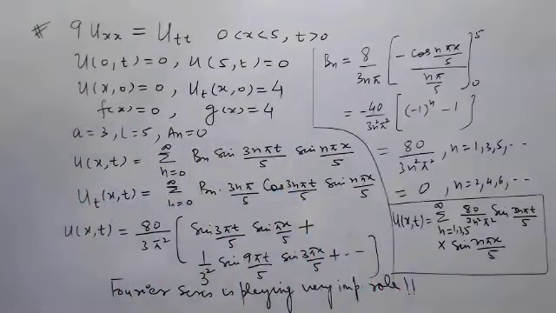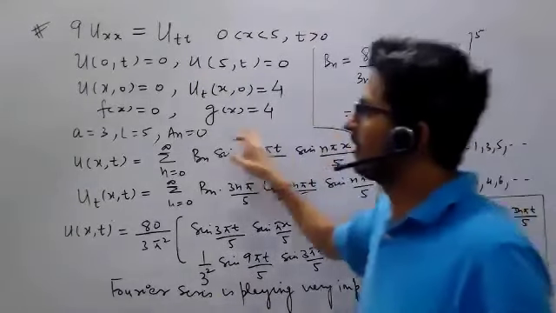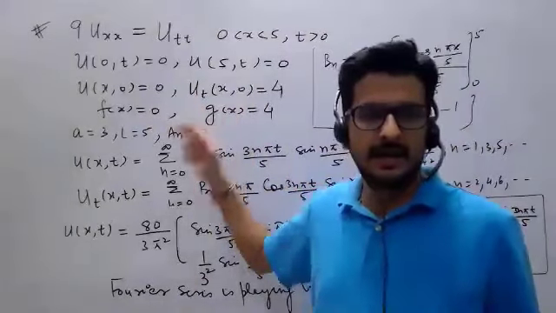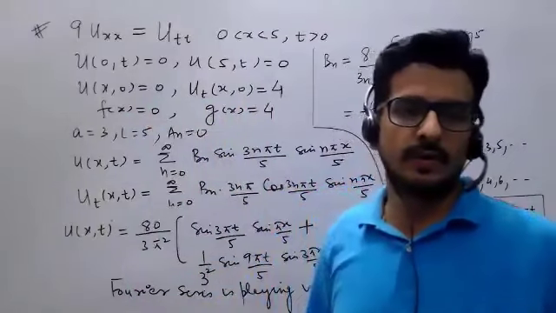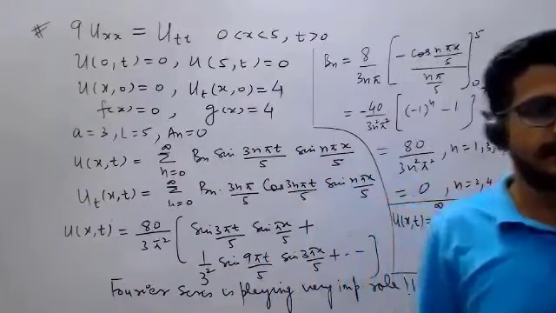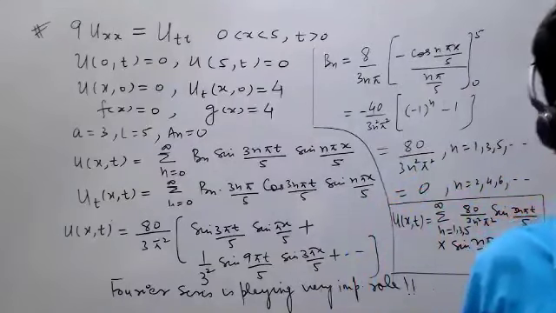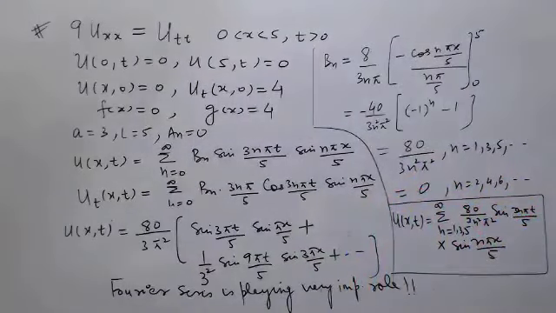Fourier series is playing very important role, correct? So you can see that just new boundary conditions may be given and you will have to solve it like this. New questions may be formed. So to understand, this much is enough.